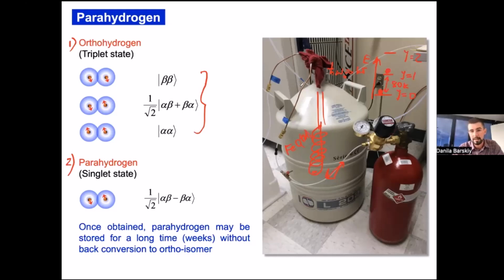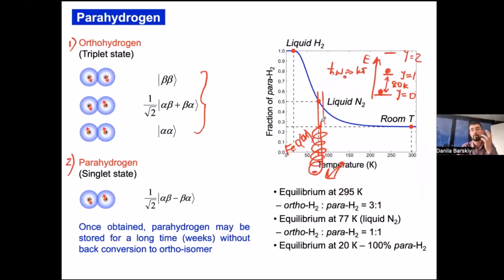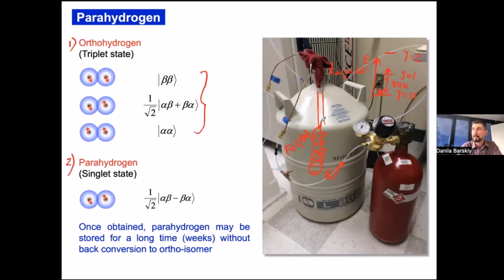Then the gas flows back to room temperature, and if we remove the catalyst of ortho-para conversion, it can stay in this para state. So first thing to understand: nuclear spin energy levels and rotational energy levels are connected in the hydrogen molecule, and by employing rotational energy levels, we can effectively cool down nuclear spin states and obtain all hydrogen molecules in the para state if we go very deep.